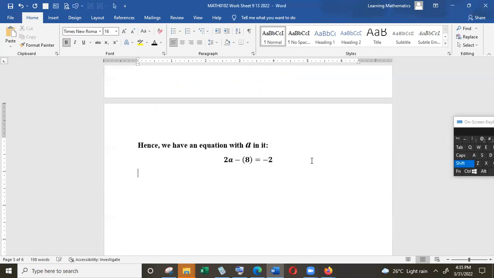So therefore, we can solve for a. So let's solve for it.